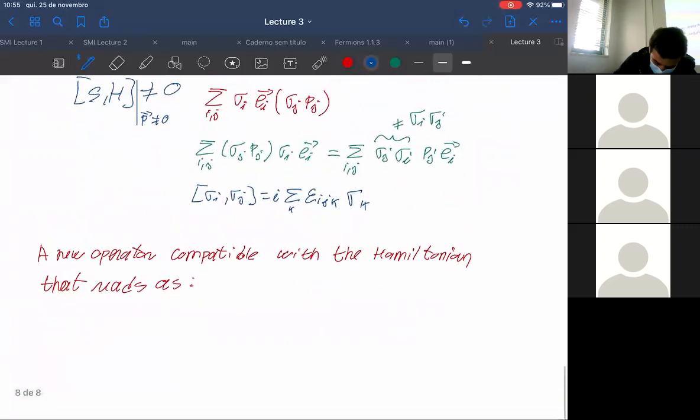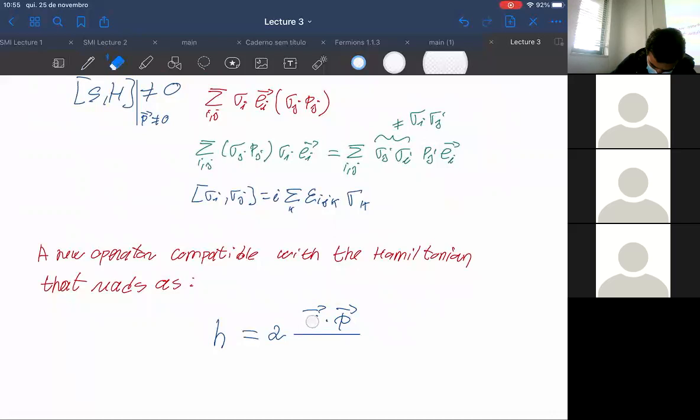Let's write it something like h equals 2 over P, S dot P. This is definitely written as a lowercase h, because it's to not confuse with the Hamiltonian. Then I get confused with the Planck's constant.